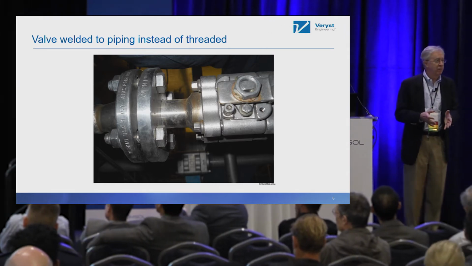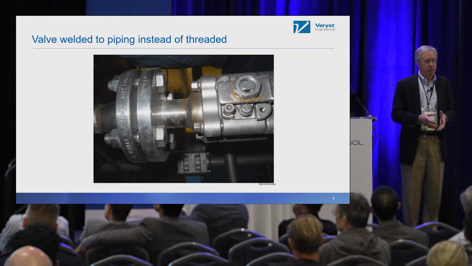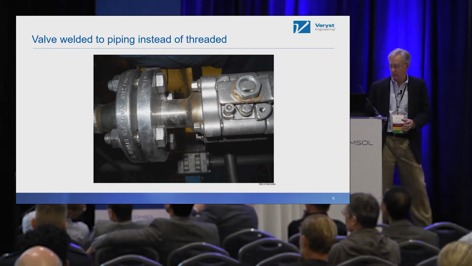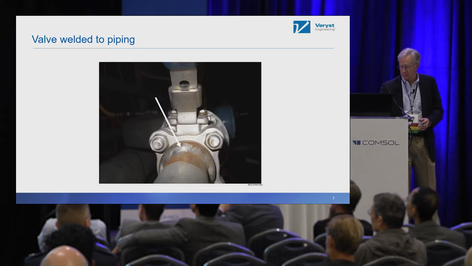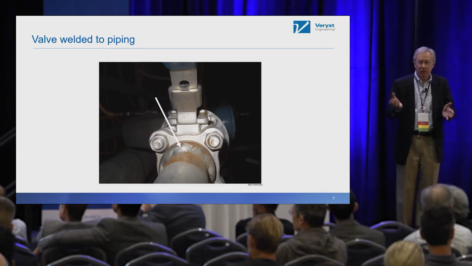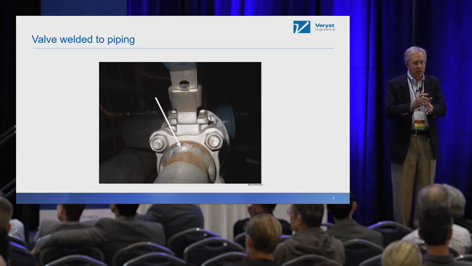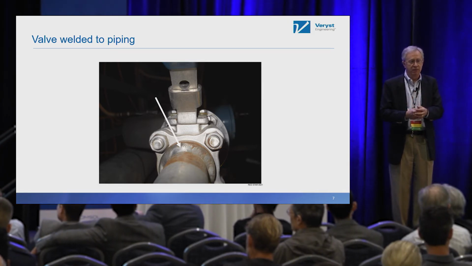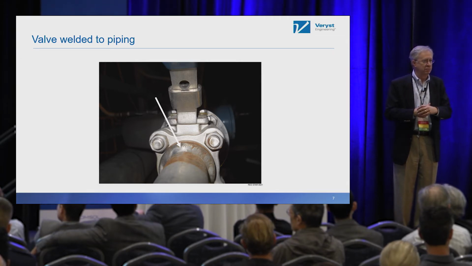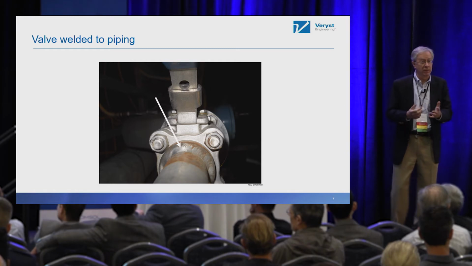So the valve was welded to the piping rather than threaded or connected in any other way. And this is just another illustration from the end on showing the weld. So a pipe would literally be inserted into the end cap and then welded around to provide an ultimately permanent and tight seal which wouldn't require maintenance.